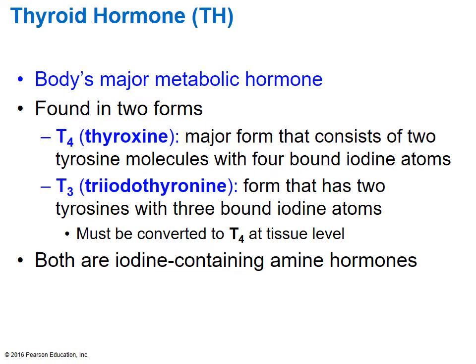All right, now anytime you think thyroid hormone, I think many of us will think about metabolic actions, and that's completely true, which we're going to explore in the next slide. But I do want to point out that thyroid hormone does come in two forms. It comes in T4 and T3. The 4 and the 3 indicate how much iodine it has attached to it. So T4 has 4 iodine, that's the tyrosine.